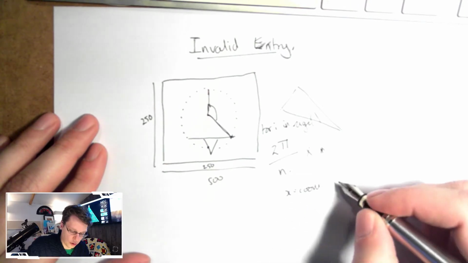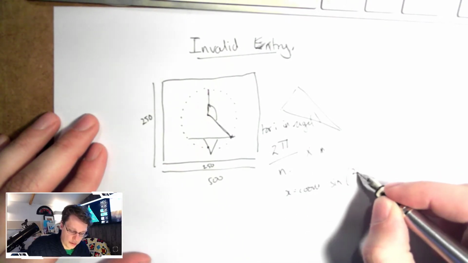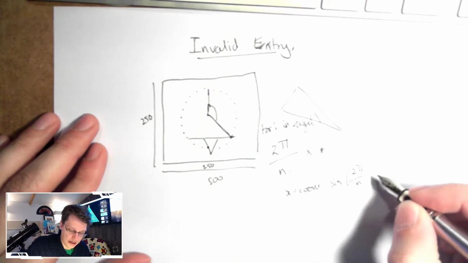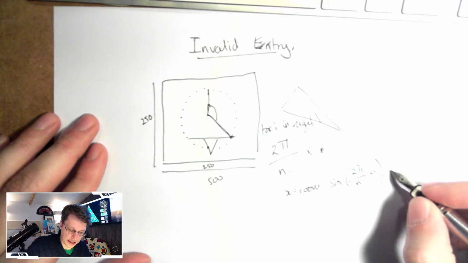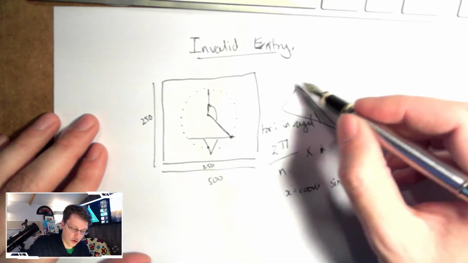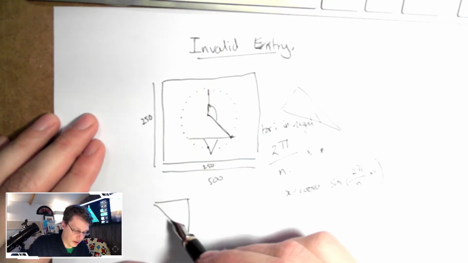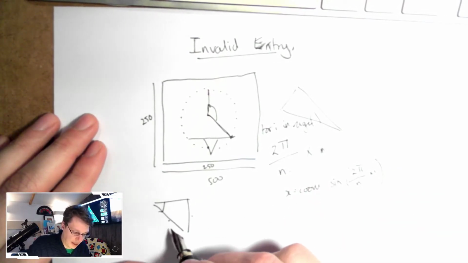So the x coord will be sin of 2 pi over n times i, because you want that inside the sin. And you've got to remember what you think of is triangles. Triangles, if you've got an angle there, it's opposite over hypotenuse.